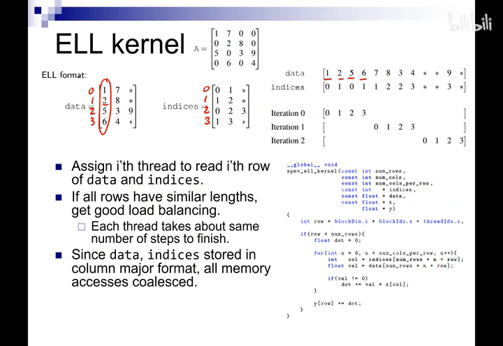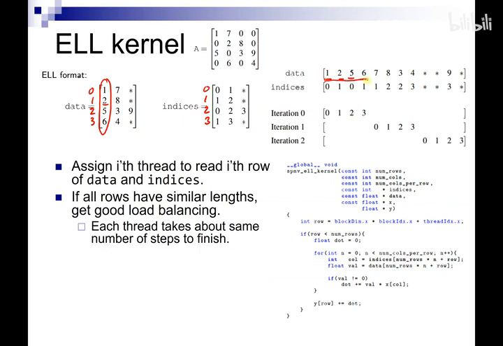So the 4 threads belong to a warp, and this warp is going to make these memory accesses for 1, 2, 5, 6, and because they're consecutive, we're going to get a coalesced memory access. So even though these 1, 2, 5, 6 are scattered in random locations in the matrix, once you represent them using this data matrix, and store data in a column major format, then when you access these matrix elements, you actually get a coalesced memory access.